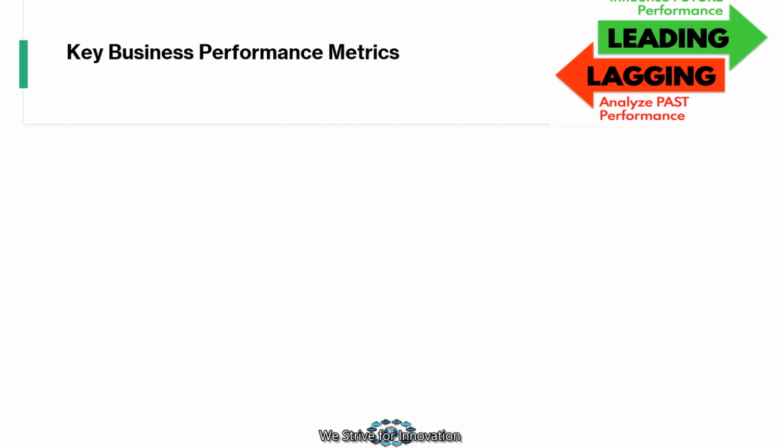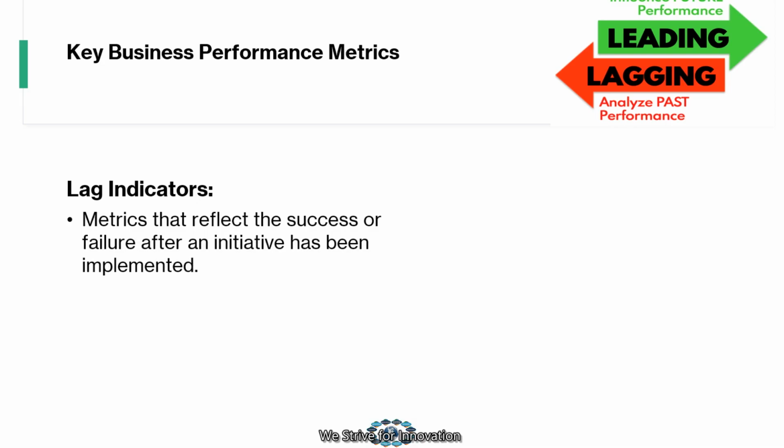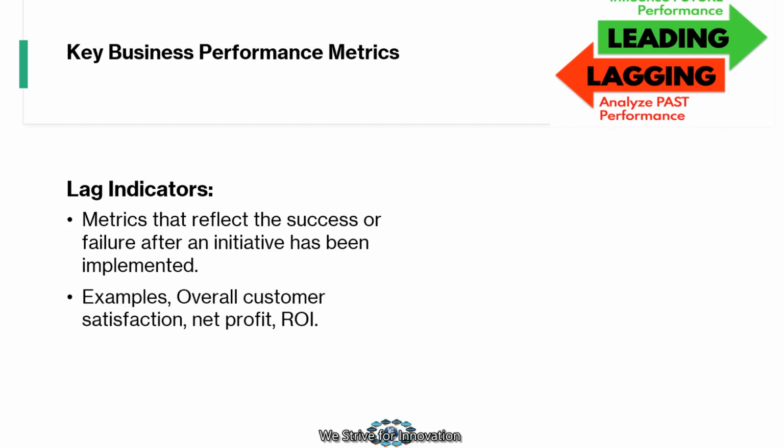Another KPI we use is the leading and lagging. Lag indicators: it's a metric that reflects the success or failure after an initiative has been implemented. Examples: overall customer satisfaction, net profit, return on investment. And then we have a lead indicator.